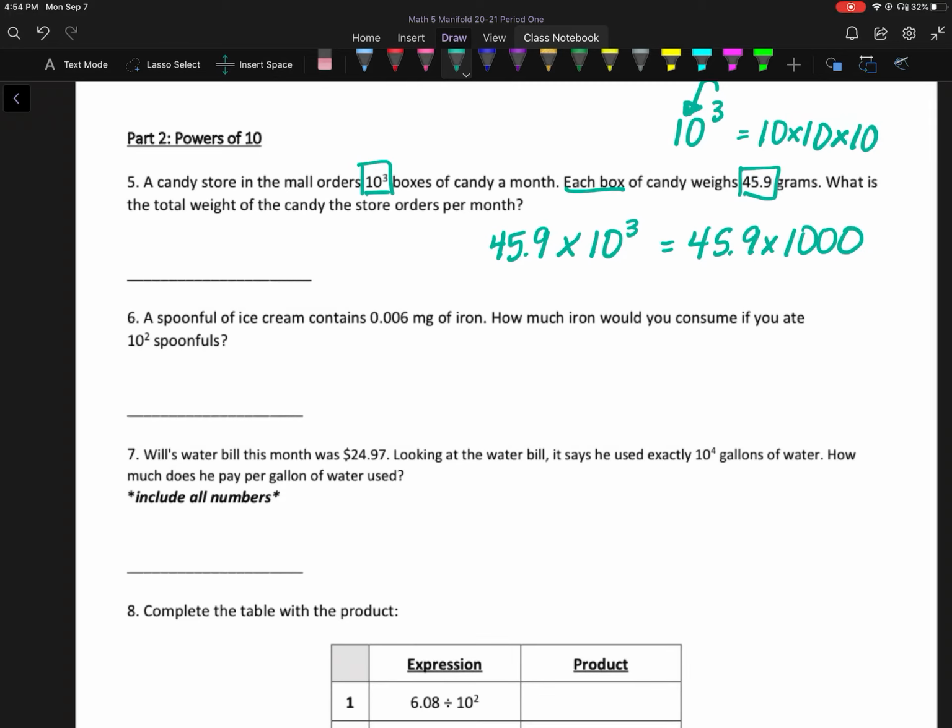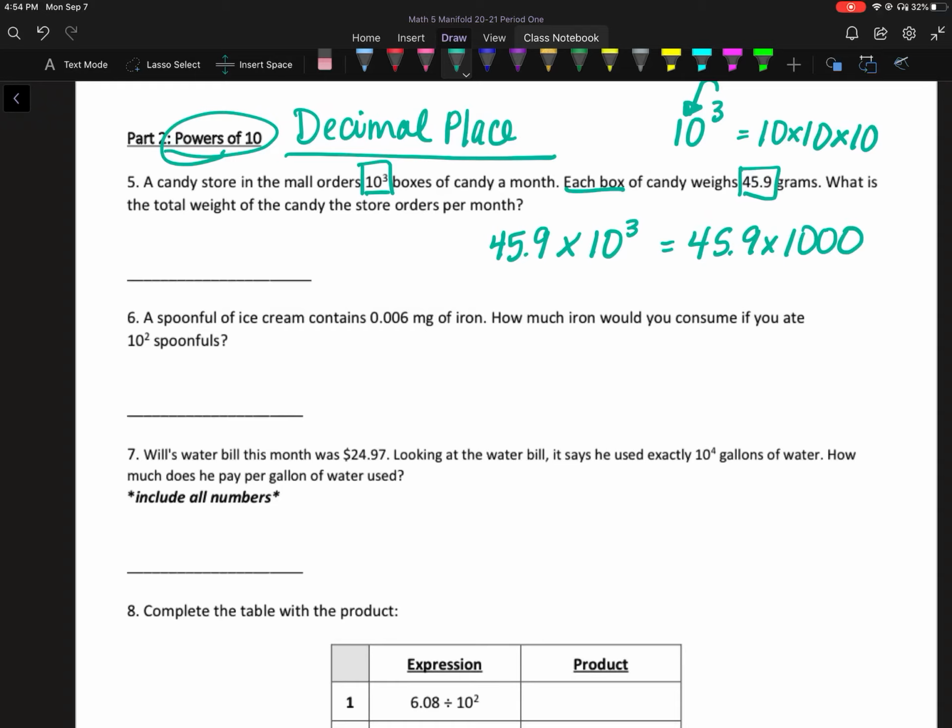Well, when we're multiplying by a power of 10, my digits 45.9 do not change. The only thing that changes with the powers of 10 is the decimal place. That is the only thing that's going to change.